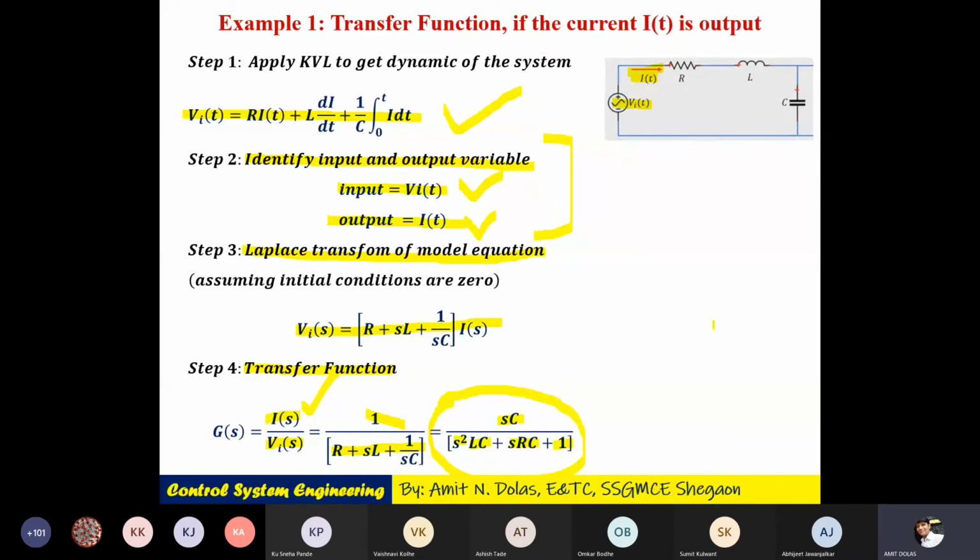That's why your transfer function is changed. That's why the second step is very, very important, to identify the input and output variable. If you fail to identify what is the input and what is the output, then definitely your transfer function may get wrong.